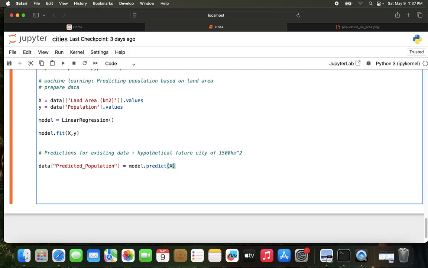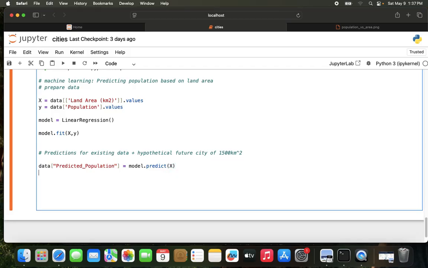So that's our input. All right, so we're going to set a variable for our hypothetical area, and this is going to be a numpy array. So it's going to be np.array. Because this expects a 2D numpy array, we're going to pass a nested array here. So we said we're using 1,500 square kilometers.